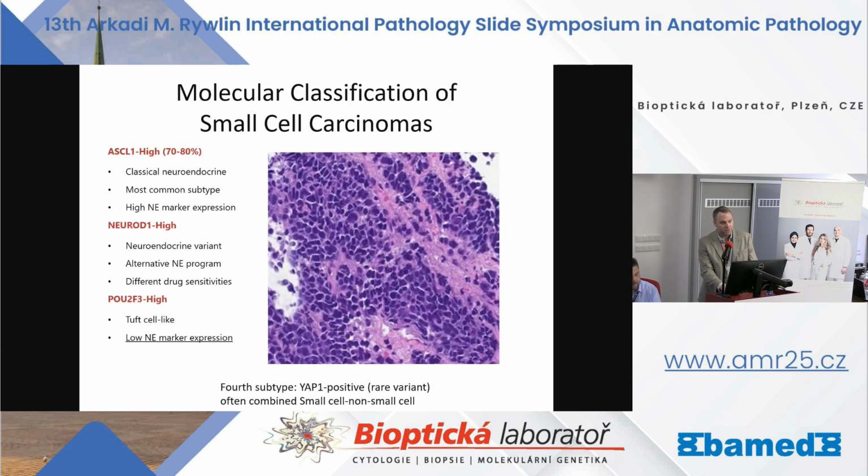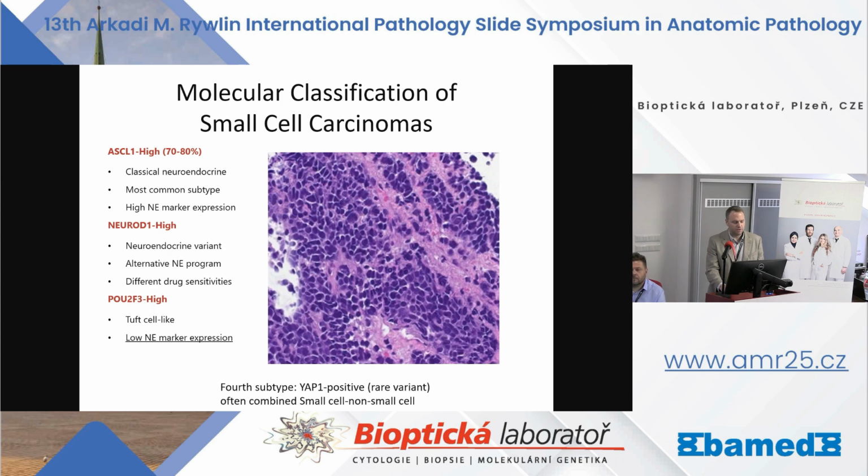There's been a recent molecular classification of small cell carcinoma. The majority, the ones that stain for neuroendocrine markers, as we all expect and hope, especially when there's limited history, are the ASCL1 high tumors.